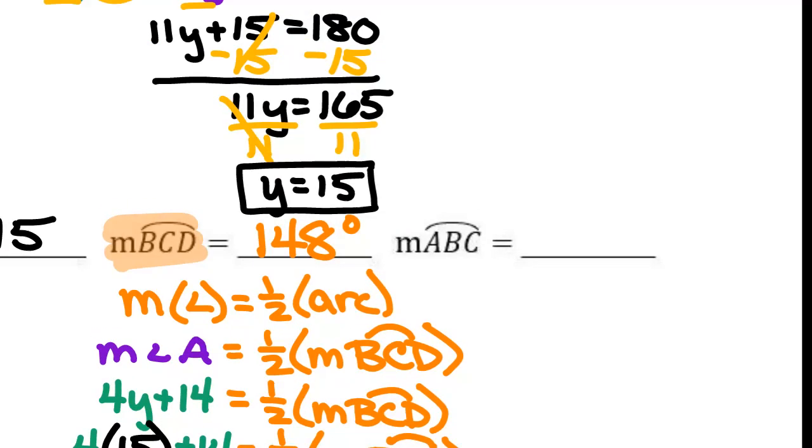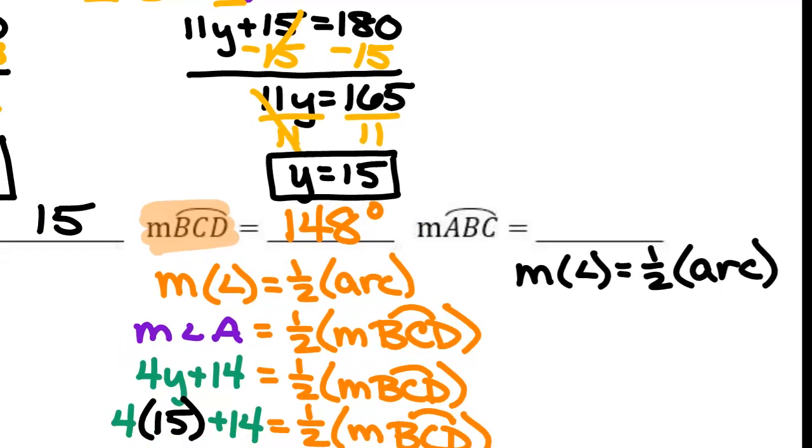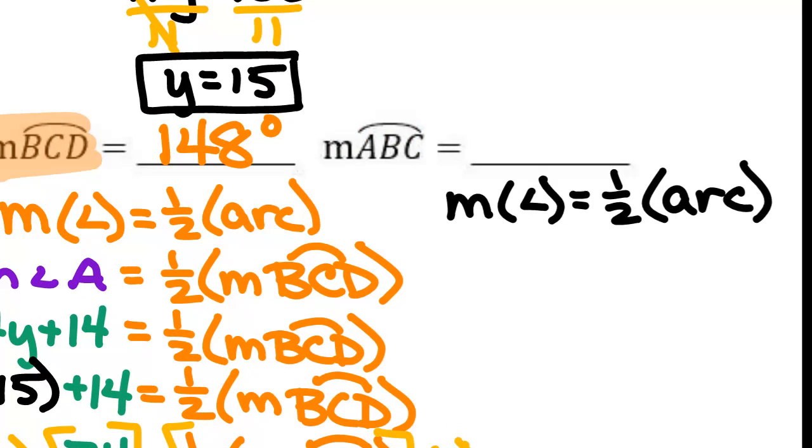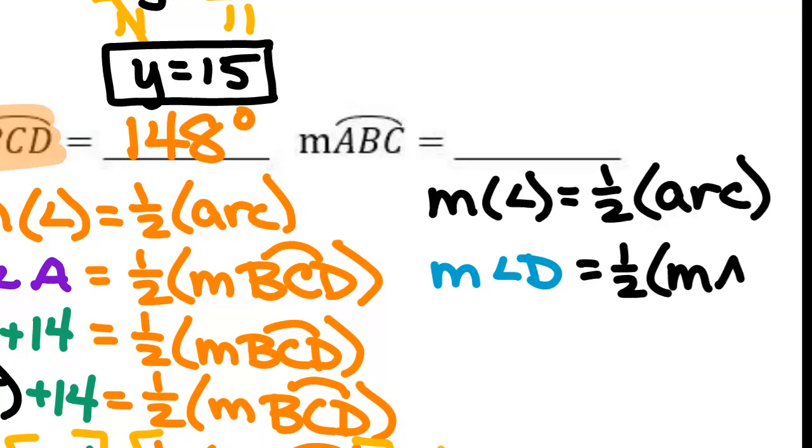Angle D, yes. Measurement of the angle is equal to half the measurement of the arc. So I need the measurement of angle D is equal to 1/2 the measurement of arc ABC.